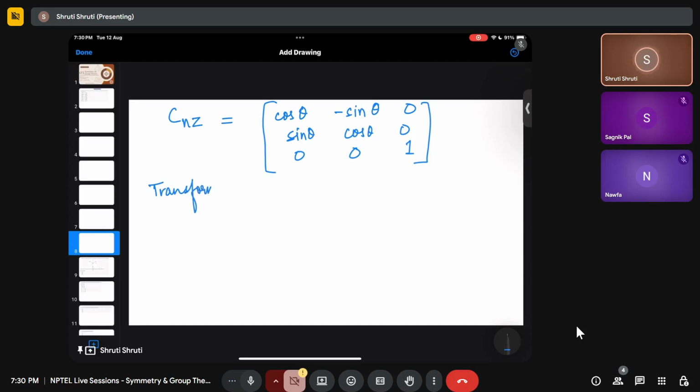So this is what you call the transformation matrix for rotation by an angle theta along z-axis.